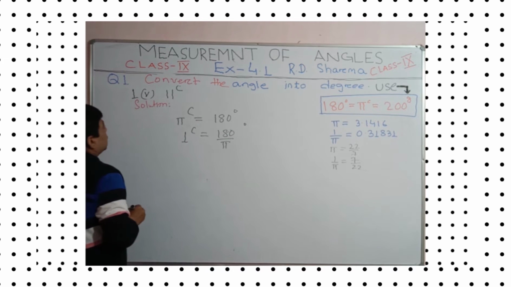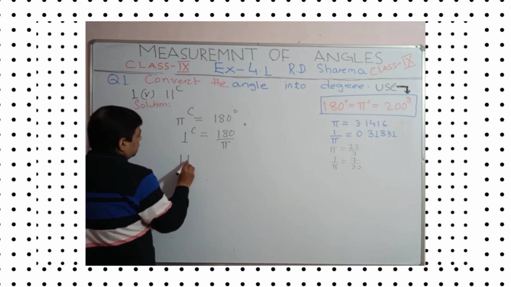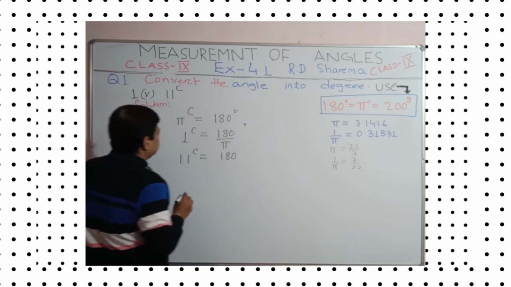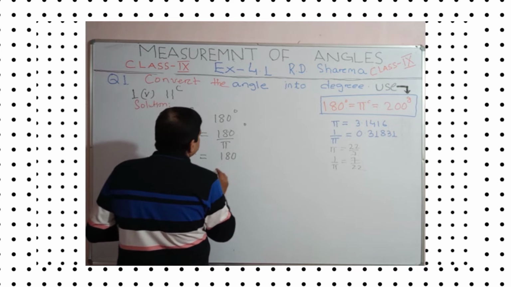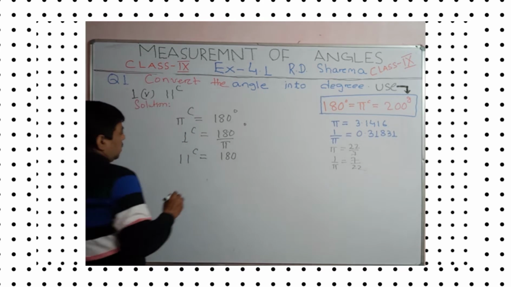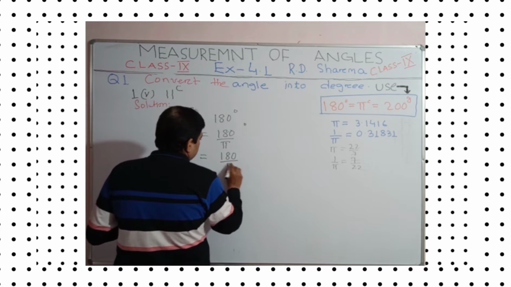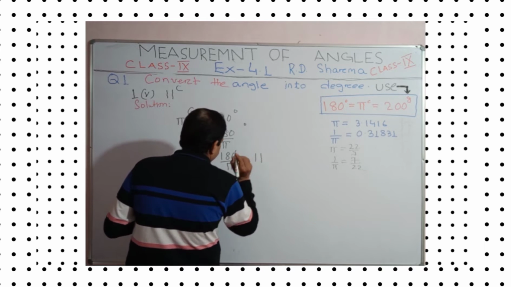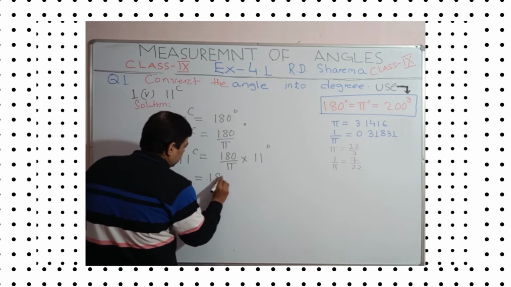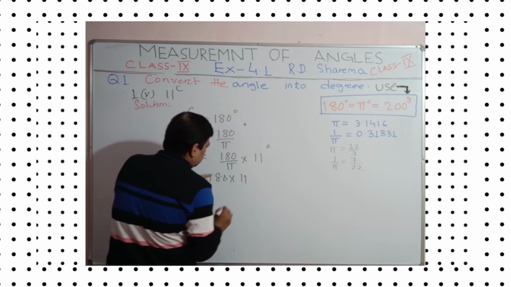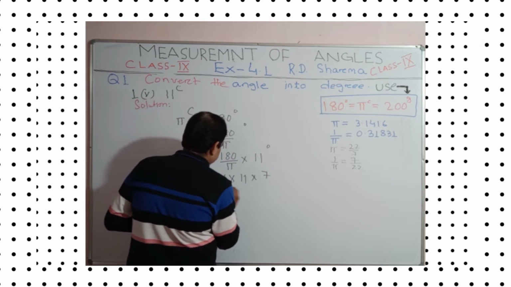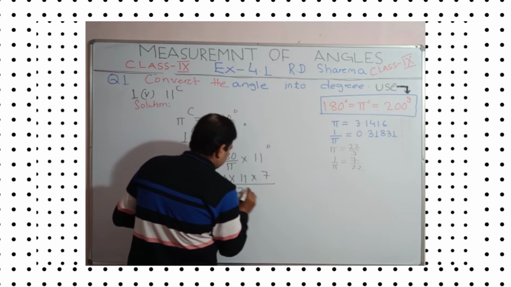So again, 11 radian is 180 divided by pi into 11 degree. So 180 into 11, and here 1 by pi is 7 upon 22.